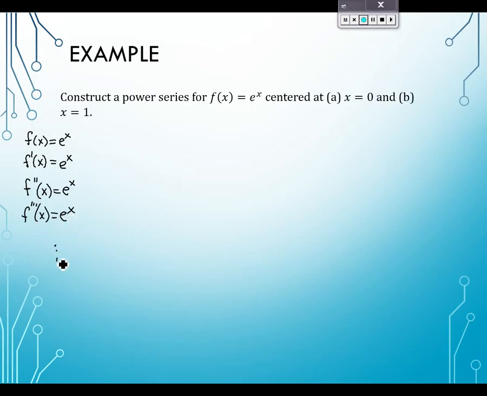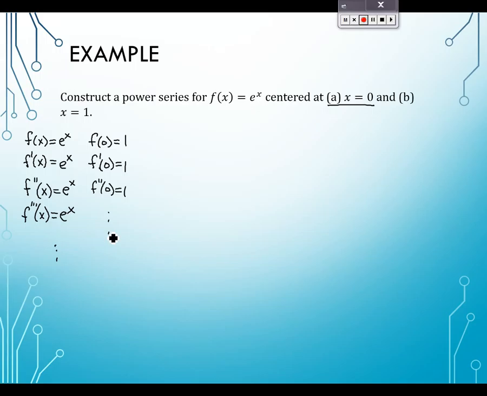And if we're centering it at 0, let's start with that, then what is f of 0? And what's f prime of 0? And f double prime of 0? All of these are, yes? All of them are 1. That's a remarkable thing that's happening here.